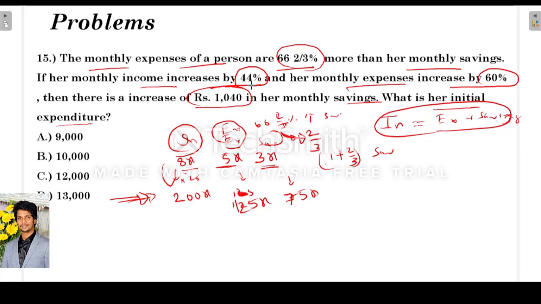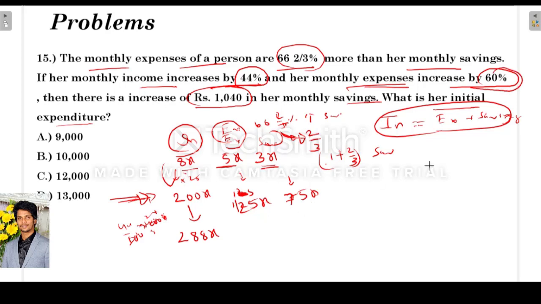So now they are telling the income increased by 44%. So 44 by 100 into 200x is 88x increase. So the income becomes 288x. Okay. Then also her monthly expenses increased by 60%.